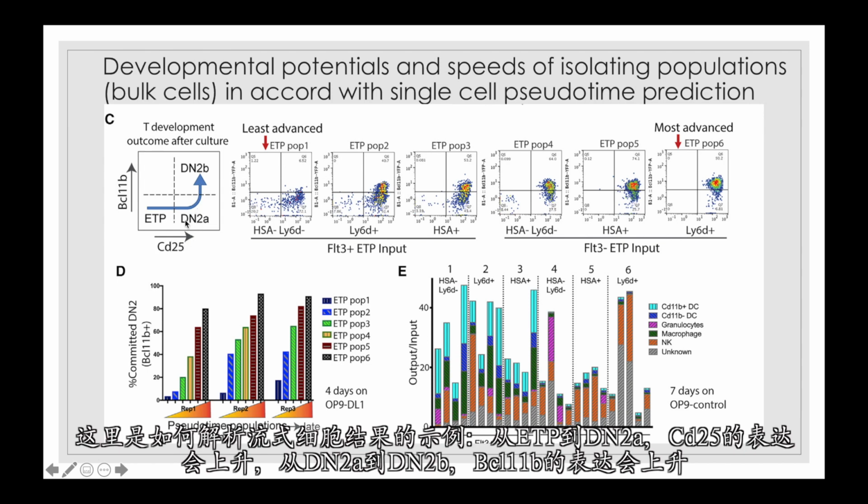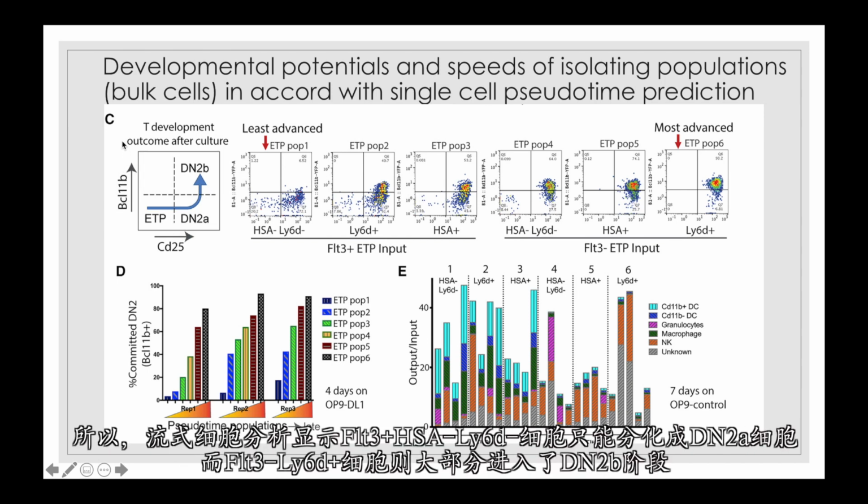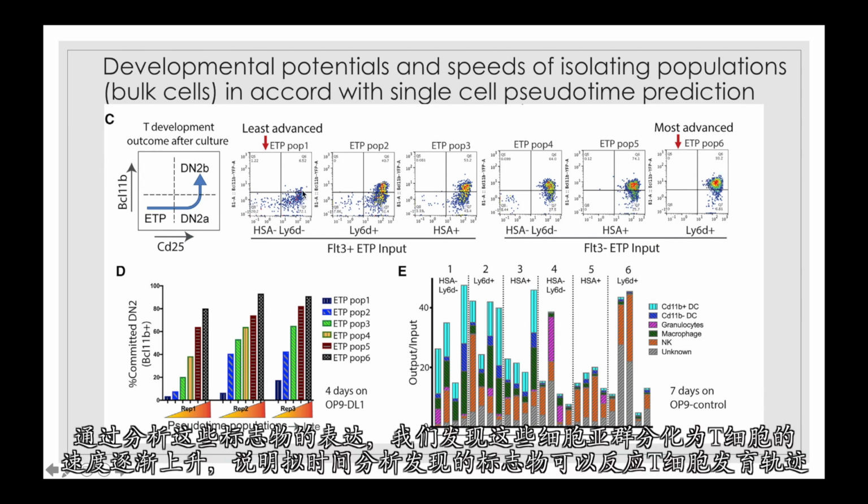And from the DN2A to the DN2B, the expression of BCL11B should be upregulated. According to the flow cytometry analysis here, these cells can only enter the DN2A stage, but these cells have already entered the DN2B stage. So according to the expression pattern of the markers, we can see the speed toward the end stage of the T cell lineage increases.